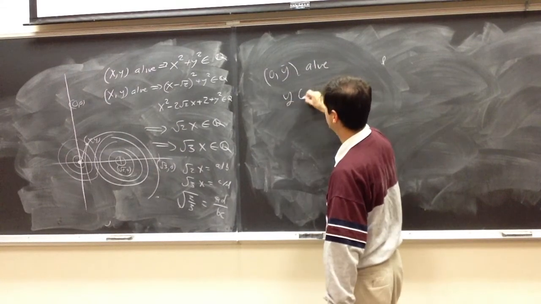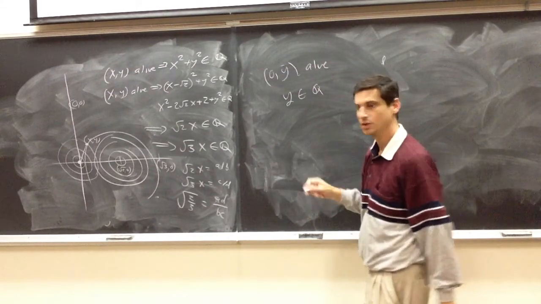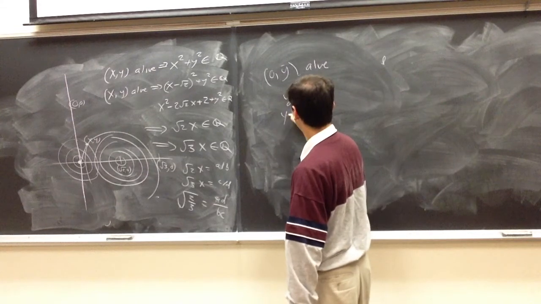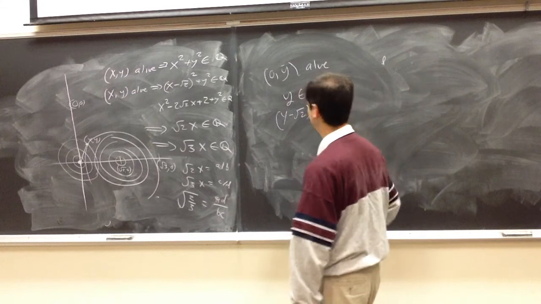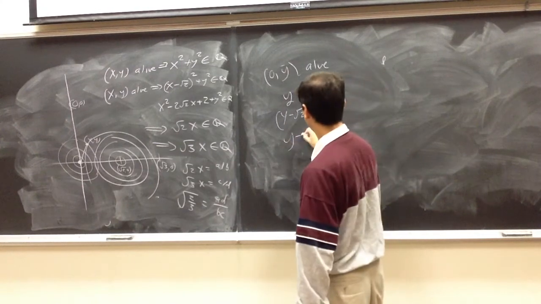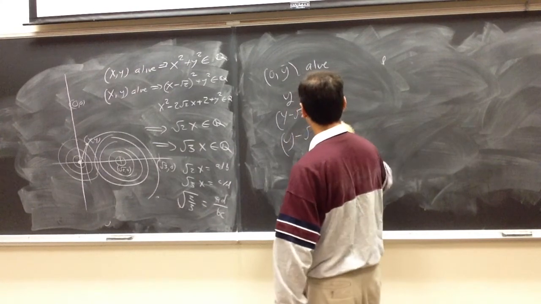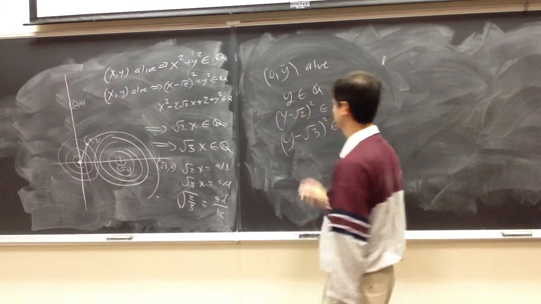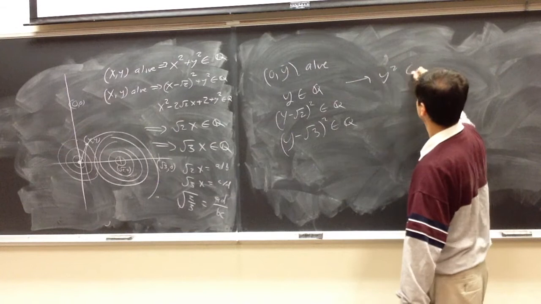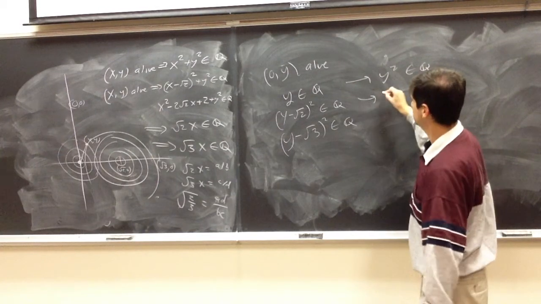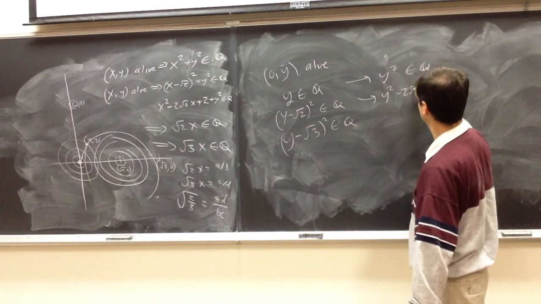We know y has to be rational. We know y minus square root of 2, squared, has to be rational. And we know y minus the square root of 3, squared, has to be rational. So this gives us y squared is rational. This gives us y squared minus 2 root 2 y.